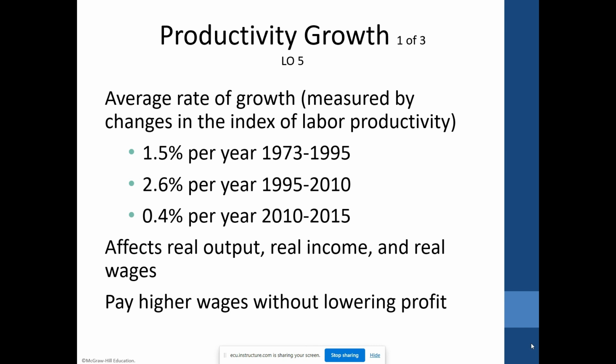The increase in productivity growth is important as real output, real income, and real wages are all linked to it. It is the main route for improving the standards of living for a nation's workers.